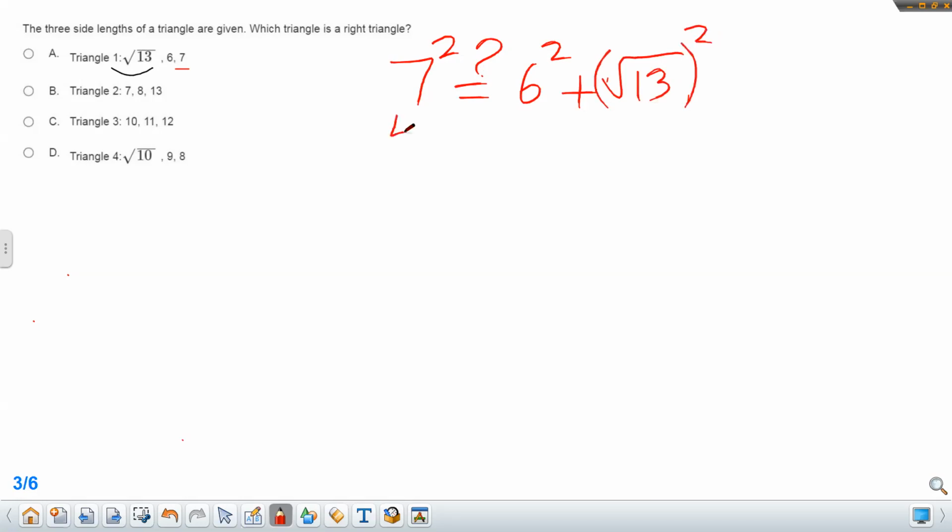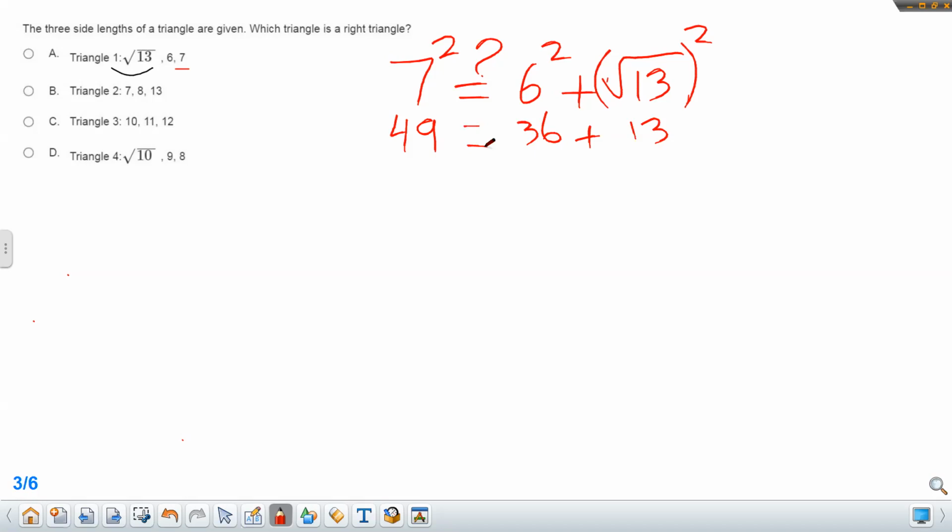7 power 2 will be 49. But 6 power 2 plus root 13 power 2 will be 36 plus 13, which is 49. Okay, so they are equal.